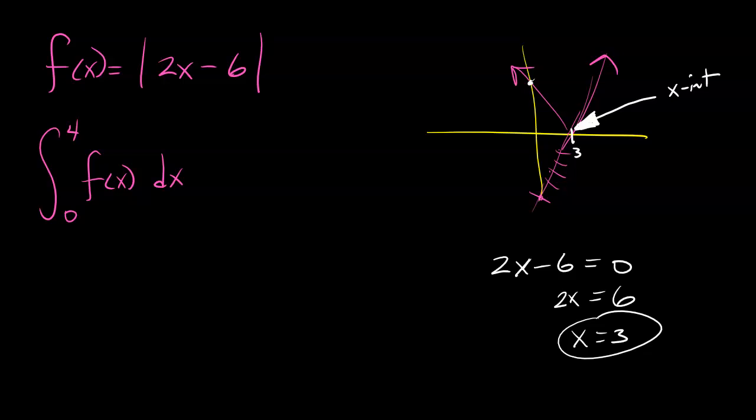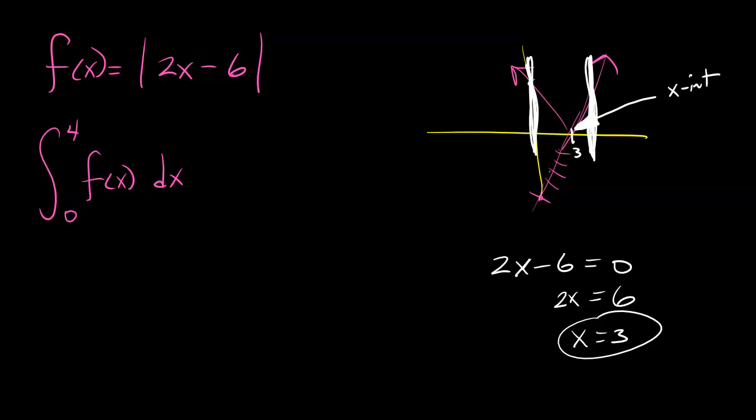Now I'm going to talk about my integral. My integral is from 0 to 4. Is my x-intercept within that 0 to 4? That's what you're going to ask yourself. I know that I am trying to find the area under the curve from 0 to 4.